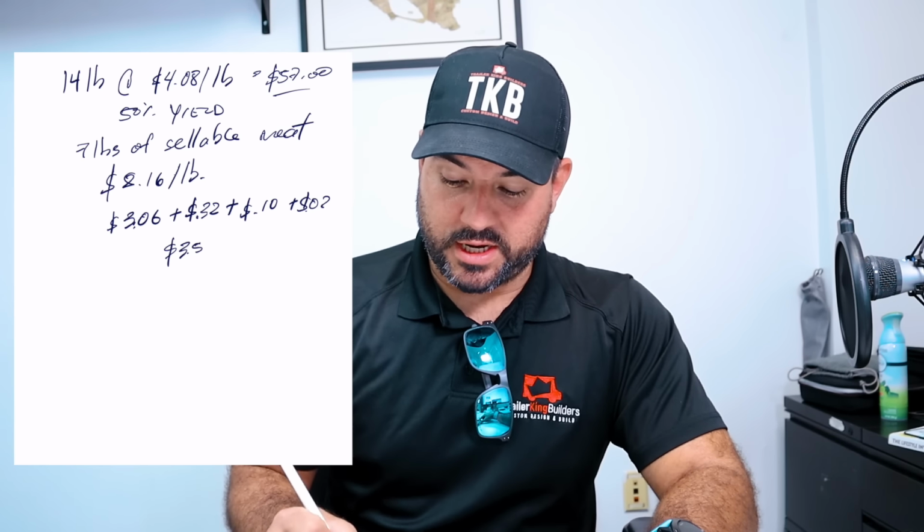Plus a brioche bun, which was probably around 30 cents. I looked it up, it's actually 32 cents. Plus 10 cents for the styrofoam they gave it in. Plus, let's say another 2 cents for the napkins, for a total cost of $3.50.